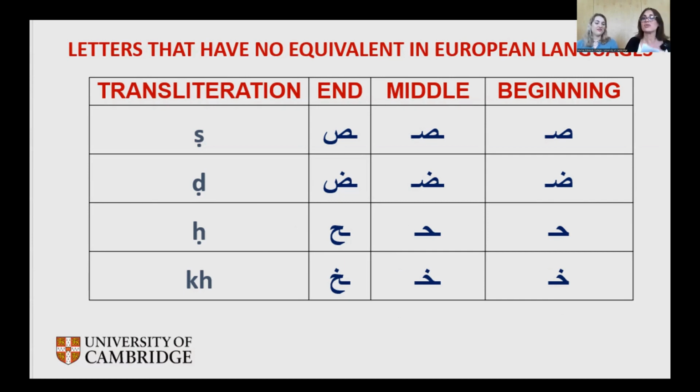Sun in English? Yeah, so the Sa does exist as a sound, but in Arabic, it's a letter. You've got the Da, which is an emphatic D. So you say desk and you say drawer. So actually the Da as a sound is there as well.